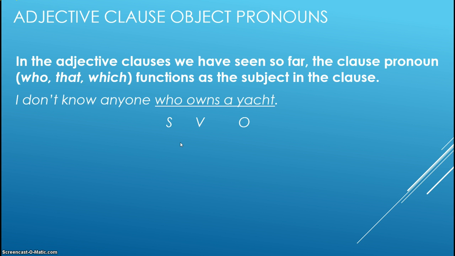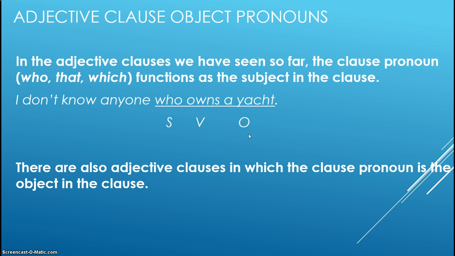In all the examples we have shown so far, the who, that, and which has acted as the subject in the adjective clause. Now, we can also have adjective clauses in which the clause pronoun is the object in the clause.